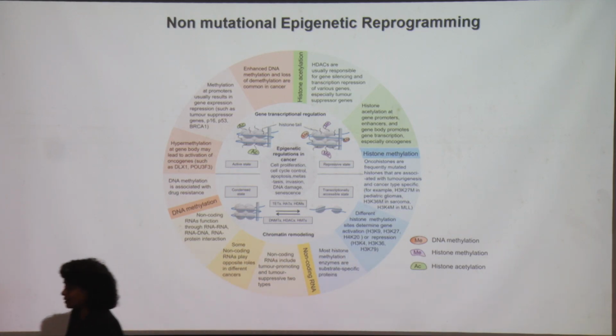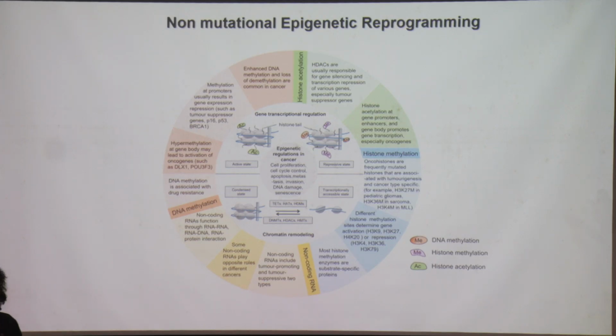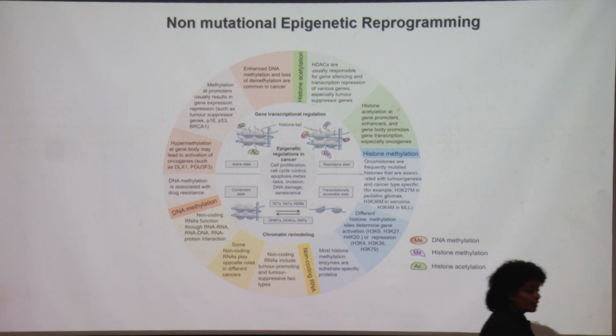I'm supposed to ask you questions during tutorial, but I'll ask you now. Suppose cancer has to play with epigenetics. What will it do to the oncogenes in terms of epigenetics? Tell me that. Anyone? Acetylation of which kind of genes?